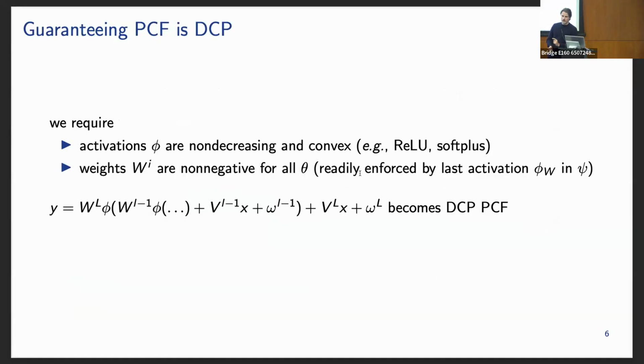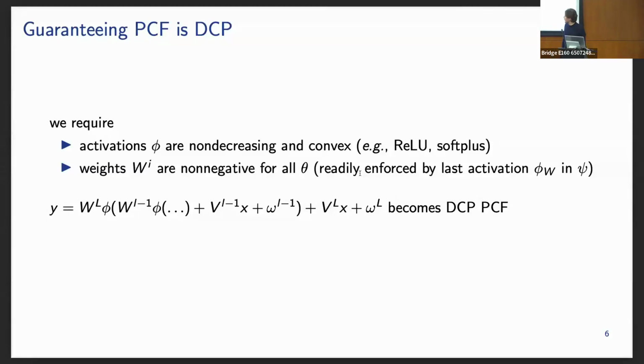The activations phi need to be convex and non-decreasing. They are the atoms in our DCP tree. And then the weights should be non-negative to have the non-decreasing property of the expression. It turns out that the resulting thing is actually a DCP parametric convex function.